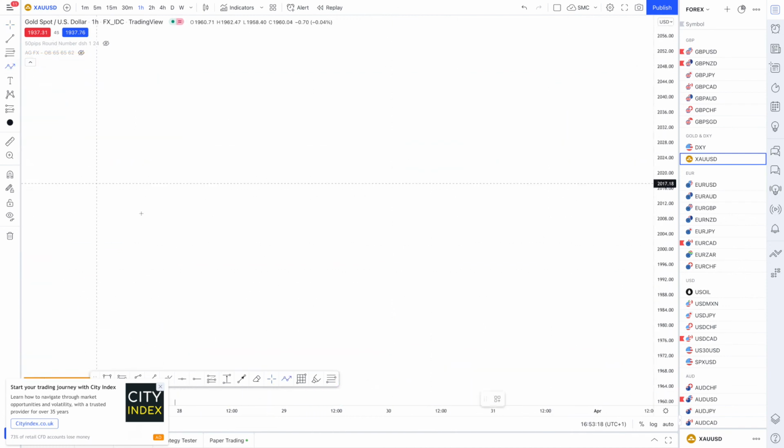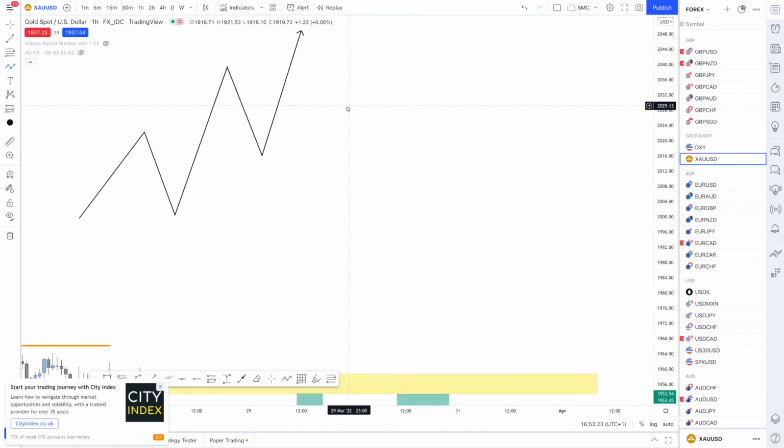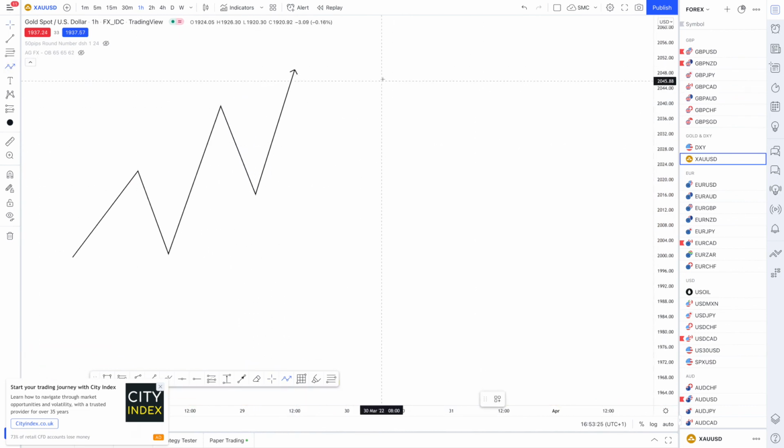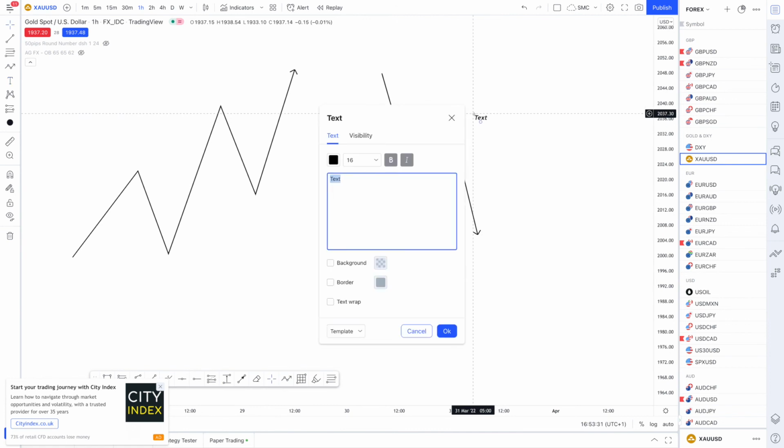We're looking for market structure, identifying the higher highs and higher lows. And what we're saying to ourselves as well is, on the higher time frame, if we can see the market just broke a low, and let's say that this is the 4-hour time frame, right? So we have the 4-hour time frame right here.